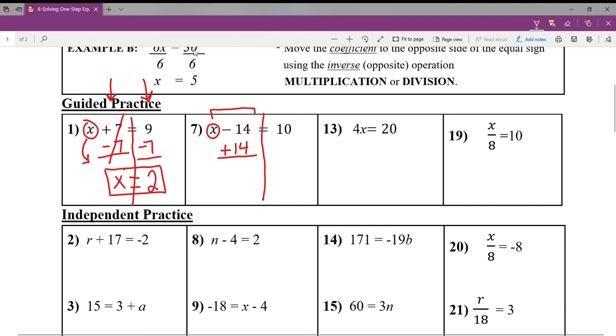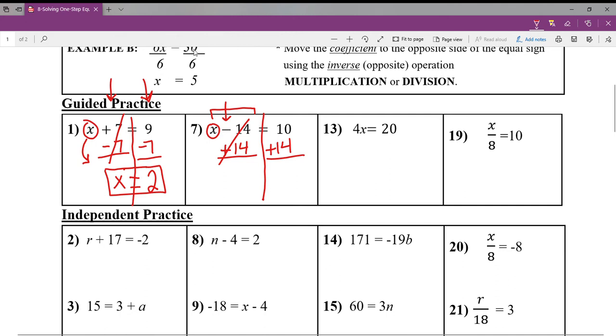And remember, there's a minus sign here. That's the same thing as a negative sign. So negative 14 plus 14 cancel out. That's equal to 0. So if I add 14 on the left, I'm going to come over here to the right side, add 14. Remember, whatever we do to one side of the equation, we have to do the same thing to the other side.